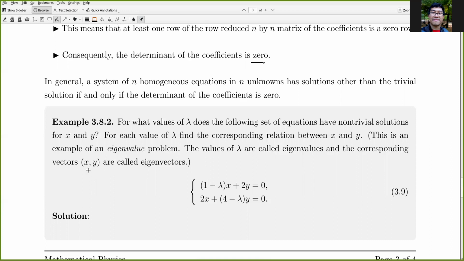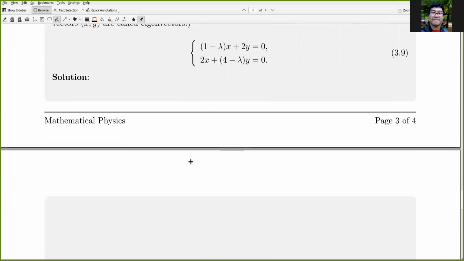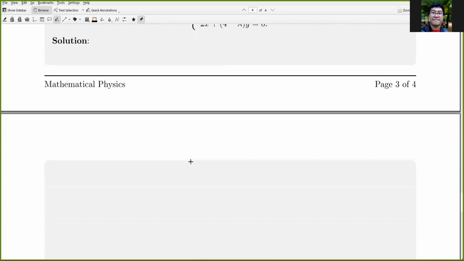So here we will find relations between x and y for each corresponding value of lambda. Okay, so first step, we write the matrix of coefficients.